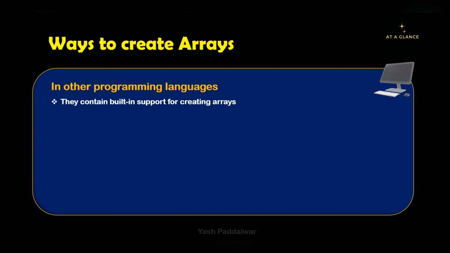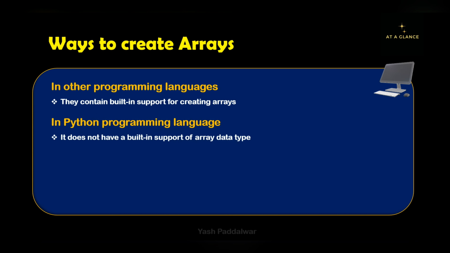That means we do not have to use any third-party library to implement arrays. Like integer and float, that programming language will also contain the data type array. But this is not the case in Python. It does not have built-in support for an array data type.